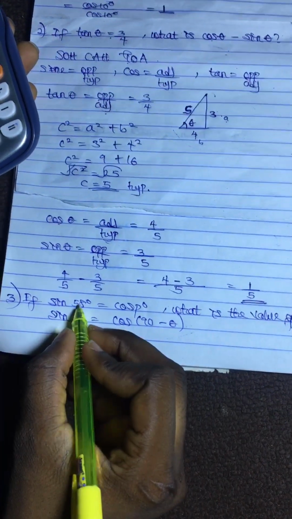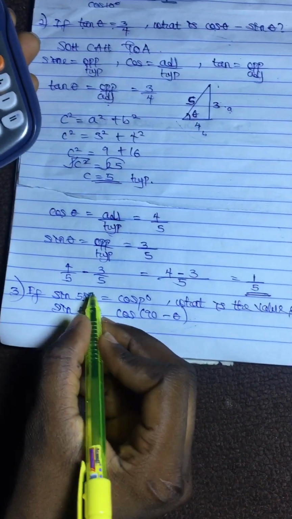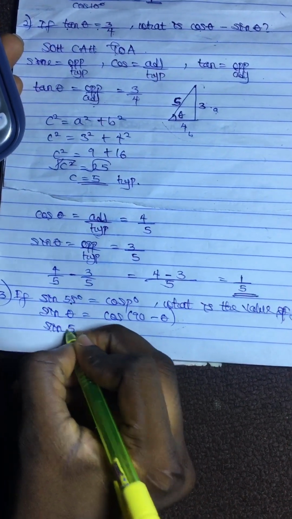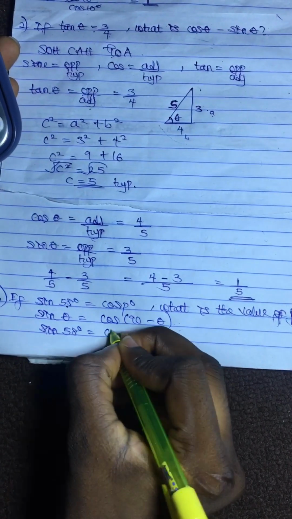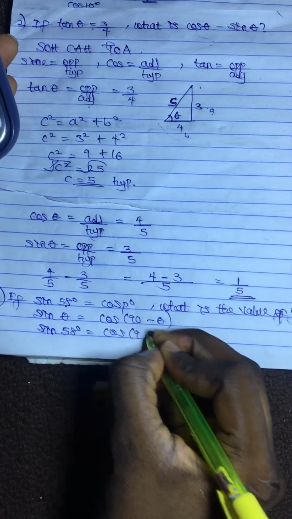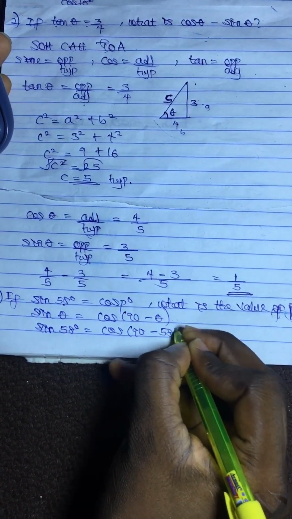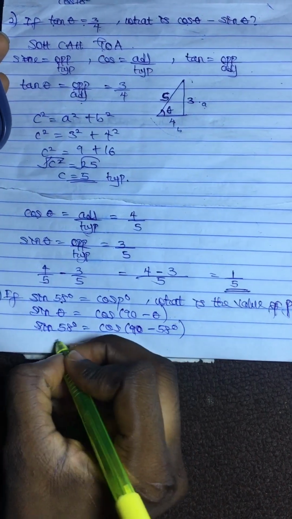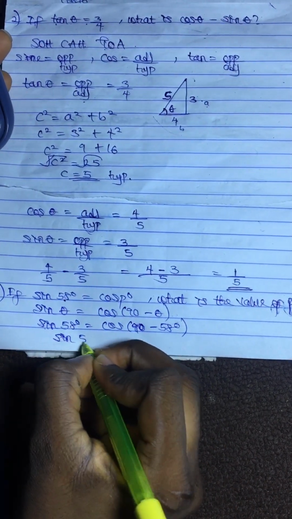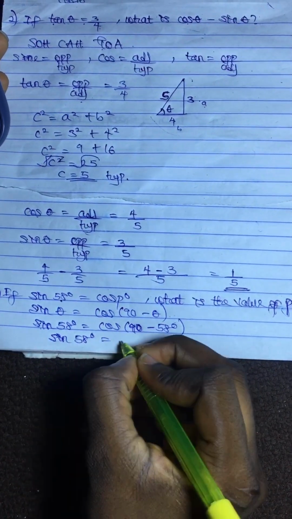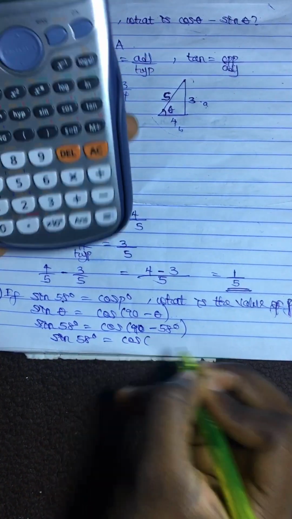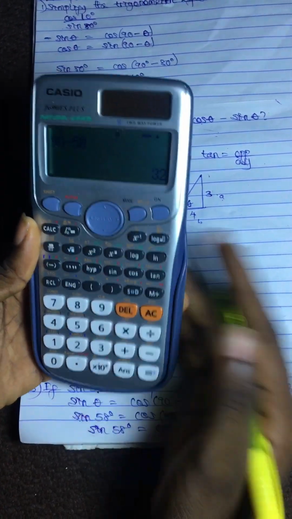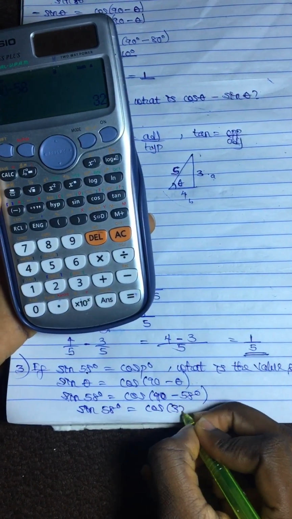So what is our theta from this equation? Our theta is 58 degrees. So sine 58 degrees equals cos of 90 minus 58 degrees. What's the value of 90 minus 58? That gives us 32 degrees.